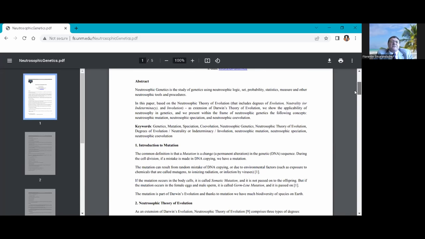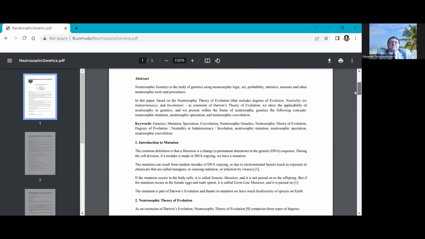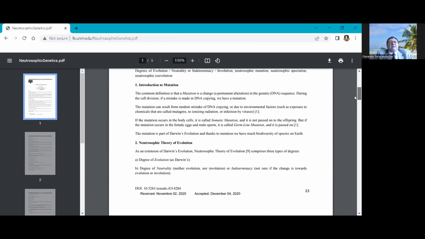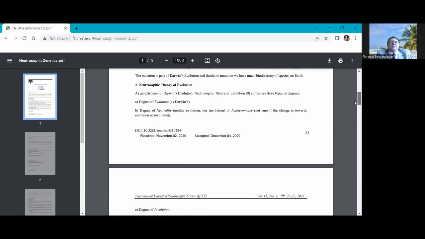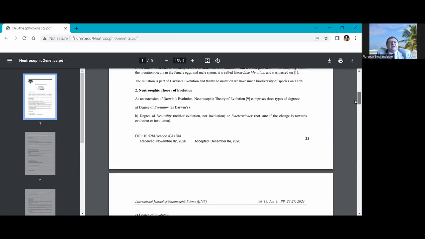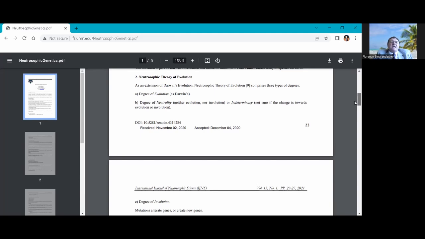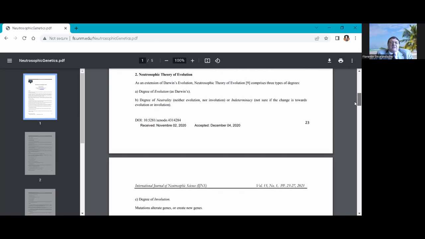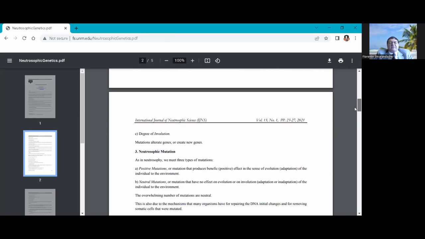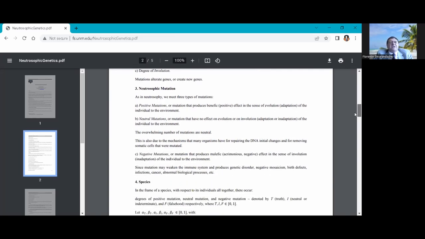So how to use the Neutrosophy in order to create the mutation, use also the Neutrosophic theory and evolution, which is an extension of Darwin's theory of evolution, adding, beside the evolution degree, also the involution degree and the neutral degree, meaning the parts of the body or functionalities of the body that are not changed, or indeterminate degree parts of the bodies or functionalities that we're not sure if they changed or not.